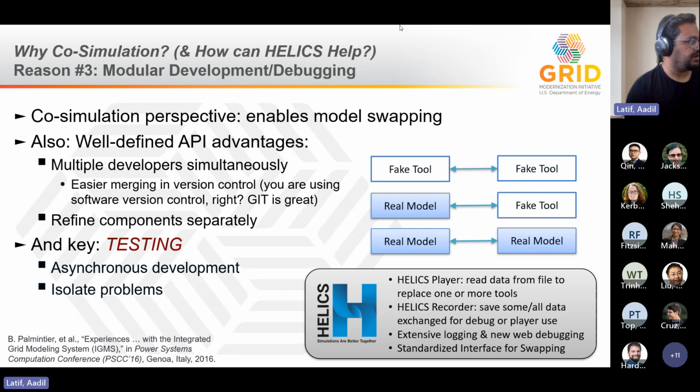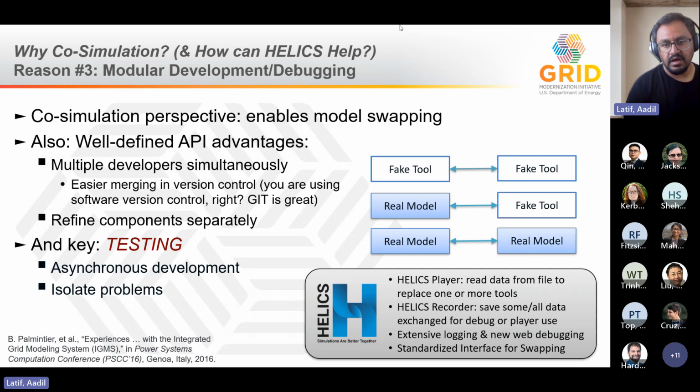Also, we've got very well-defined APIs, so multiple developers can simultaneously work on the problem, right? So if you've got 4 different simulators that need to be integrated, given we're not doing this strong coupling, right? So we're not directly coupling tools together. We're just developing the Helix interface. That development can go in parallel, right?